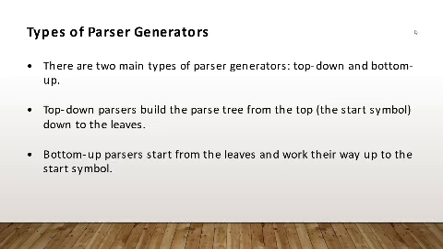Bottom-up parsing works in the reverse direction. It begins with the actual input and gradually builds up to reach the start symbol, reconstructing the higher level structure as it goes.